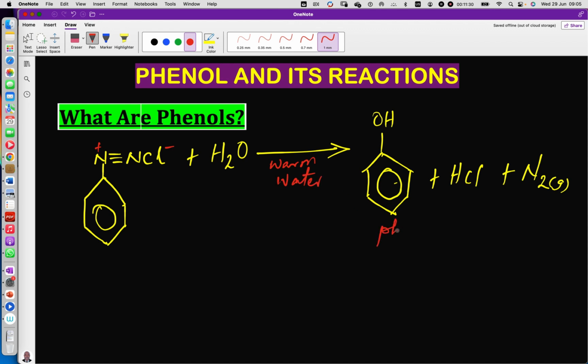This is a phenol. Benzene diazonium salt.